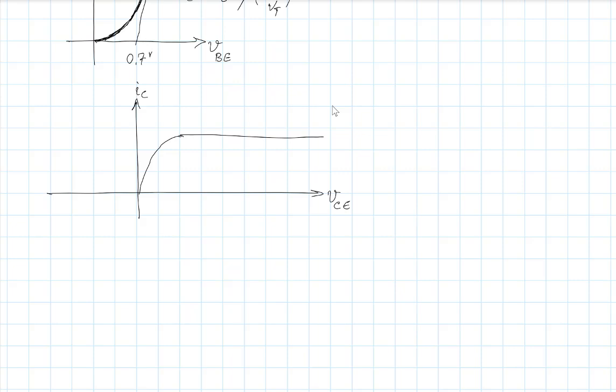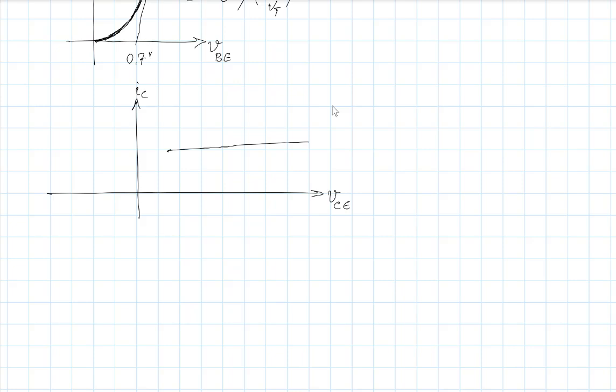Now, what I'd like to do now is to make this one step more sophisticated and be more realistic. The characteristics are not, as you would expect, entirely flat. There is a small slope. So as you increase VCE, even in the active mode, the desired mode of operation, the collector current goes up ever so slowly.